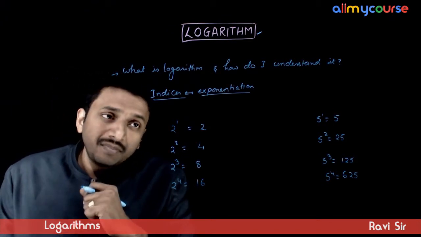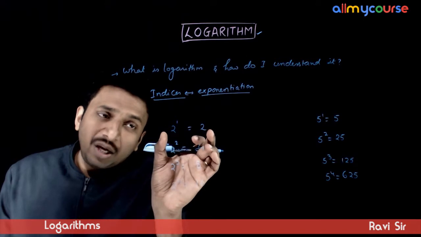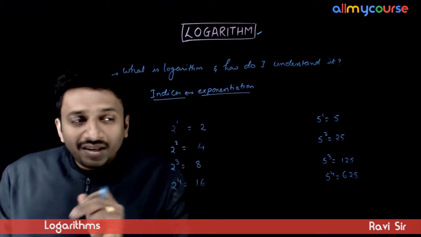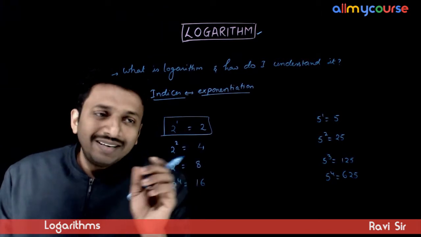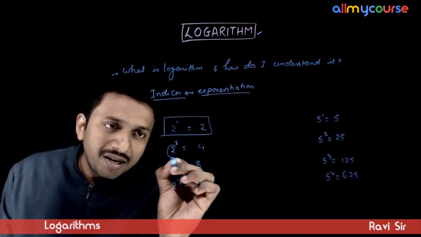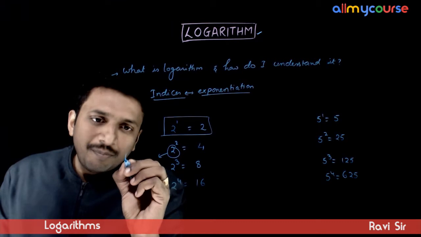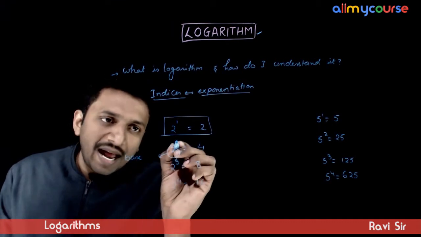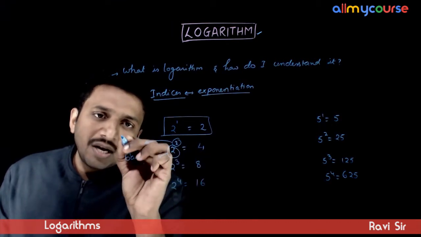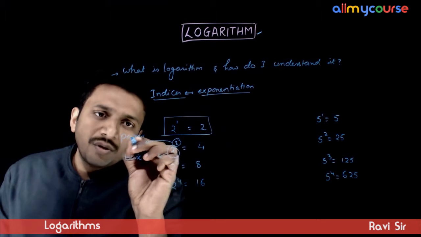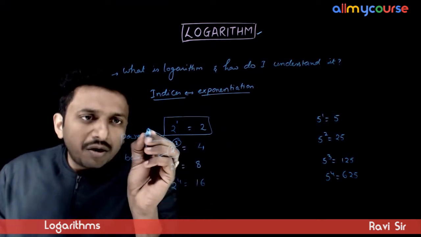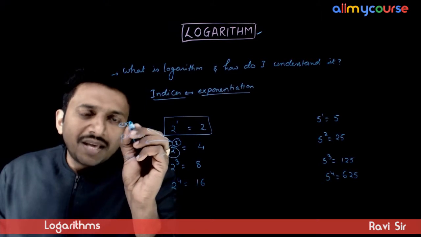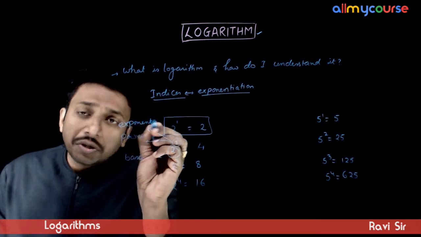Now, these are some equations in exponential form. And in this exponential equation, we have some terms. This number is called the base. And this number is called the power, right? So we raise a base to a certain power. This can also be called exponent. Same. Also called exponent.